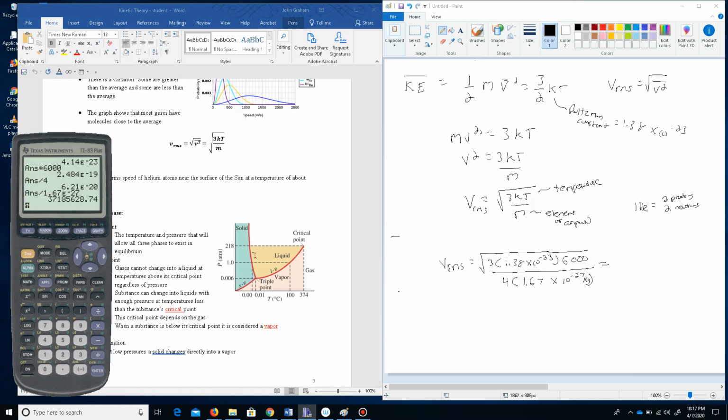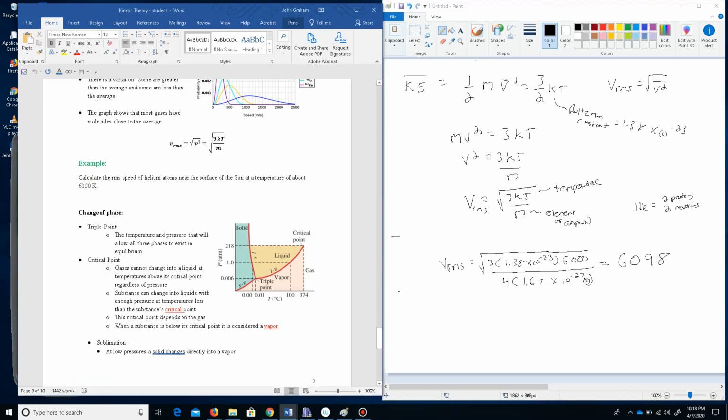And then take the square root of that answer. And we get 6,098, and that would be meters per second. And so that's going to be your root mean square for this.